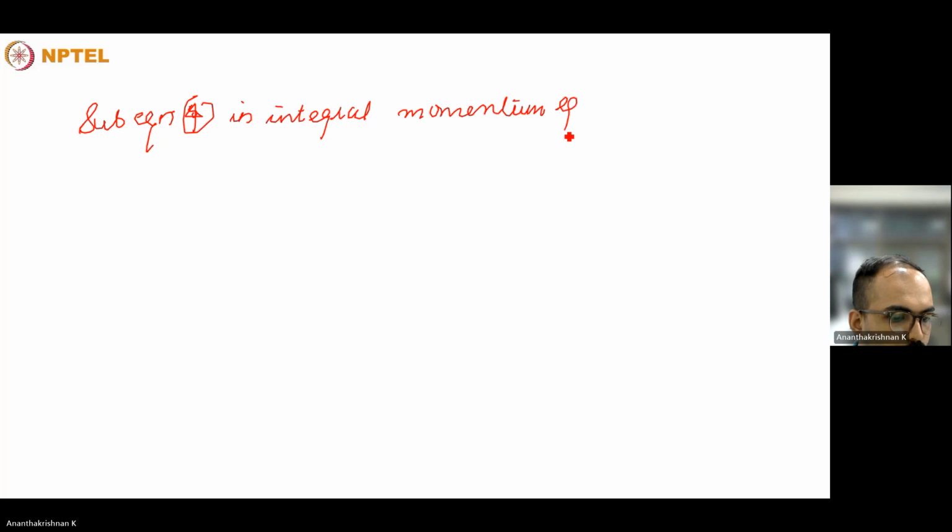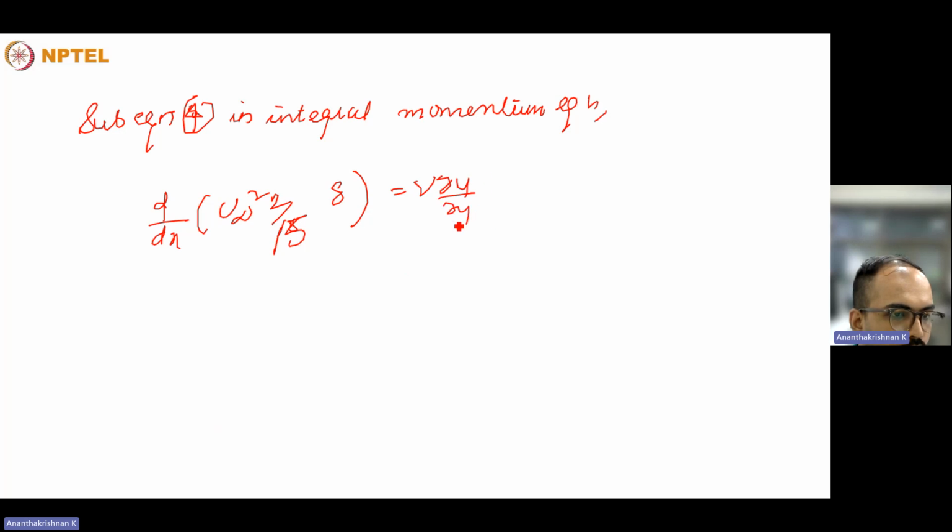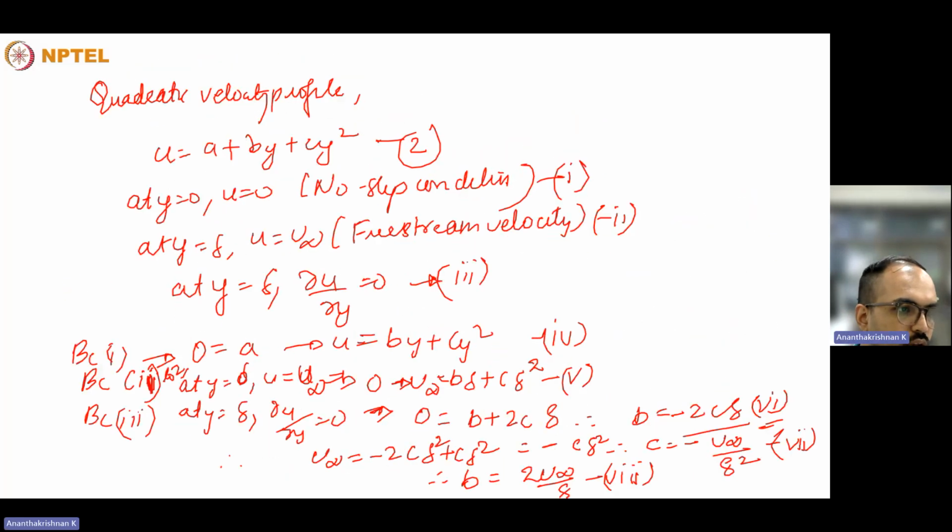Now substitute equation 4 in the integral momentum equation. We'll get d by dx of u infinity square times delta 2 value, that is the momentum thickness value 2 by 15 delta, is equal to nu times ∂u/∂y at y is equal to 0.